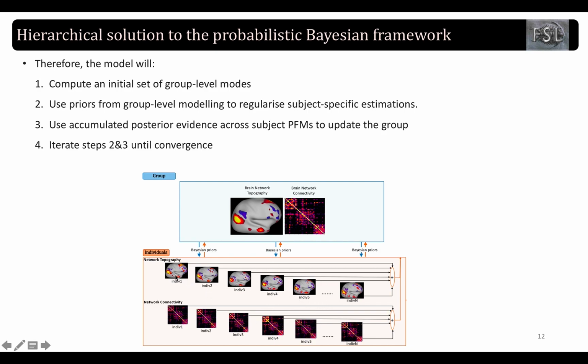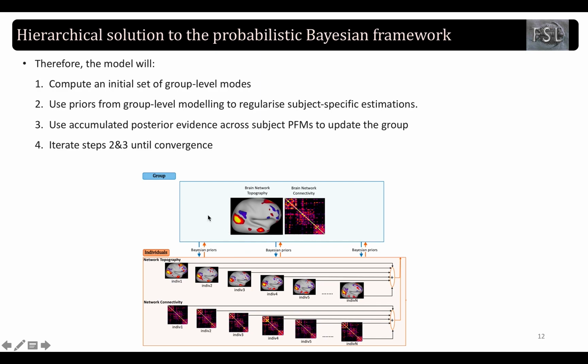At this point that we have the priors, we will optimize equation 1 for each of the subjects in the population and obtain the posteriors. We accumulate the evidence across individuals and feed that back to the group and obtain an updated version of the group. We iterate between these two levels of estimation until the model converges.